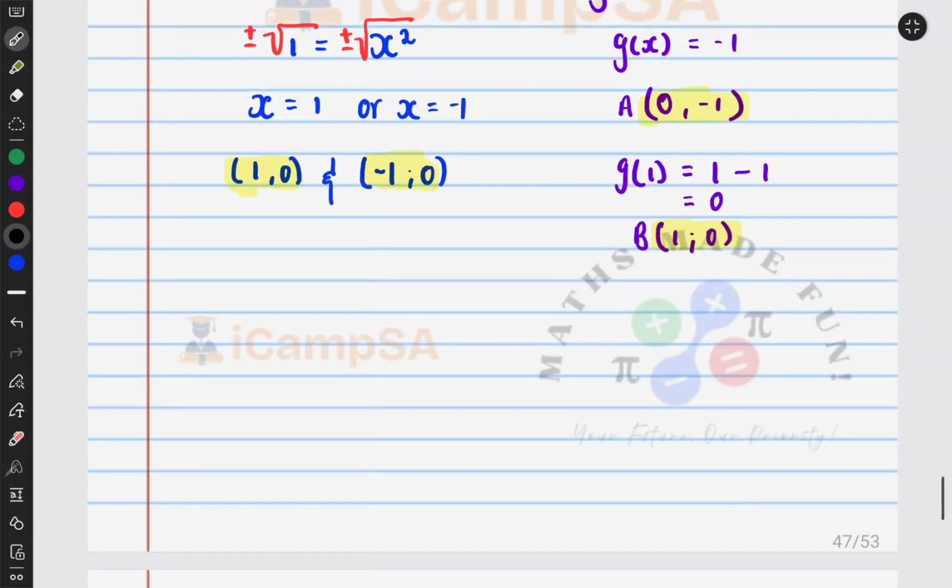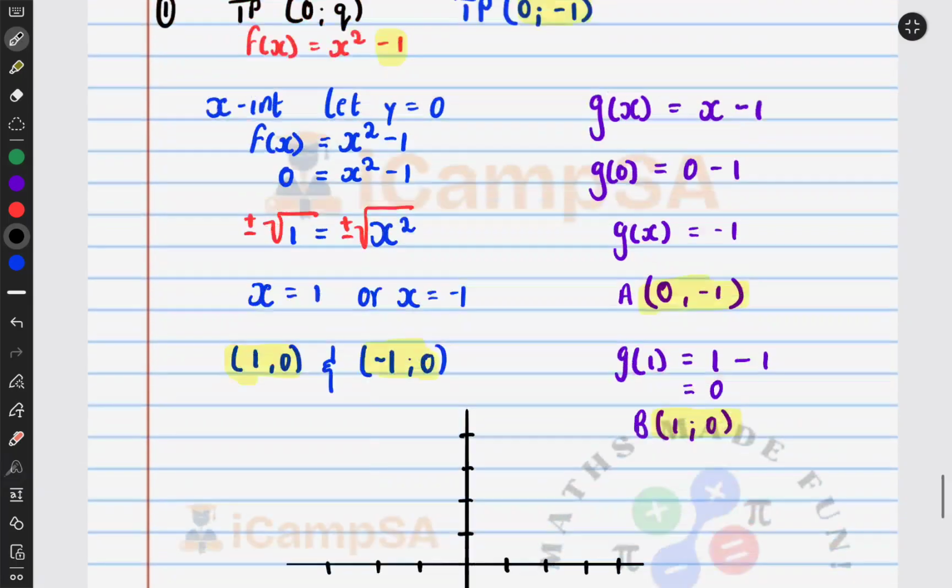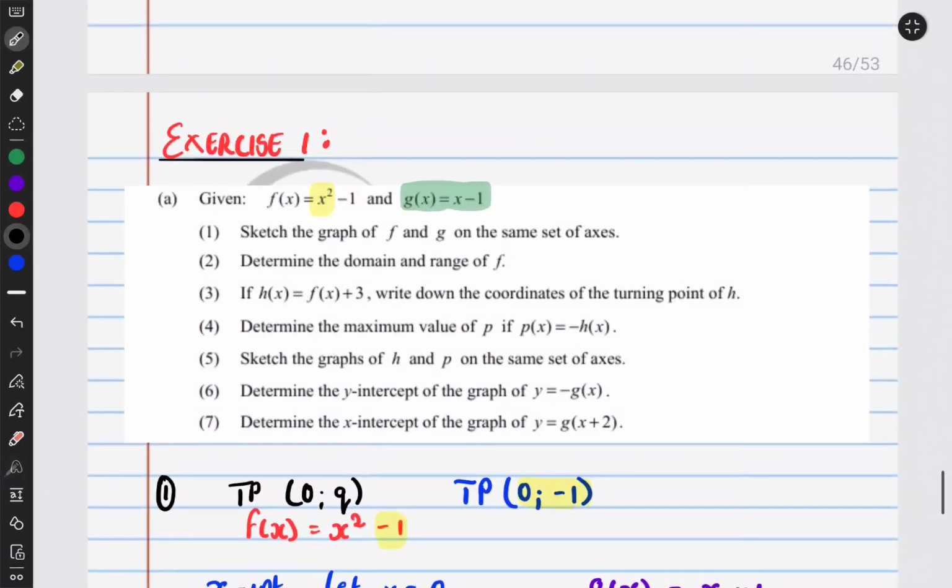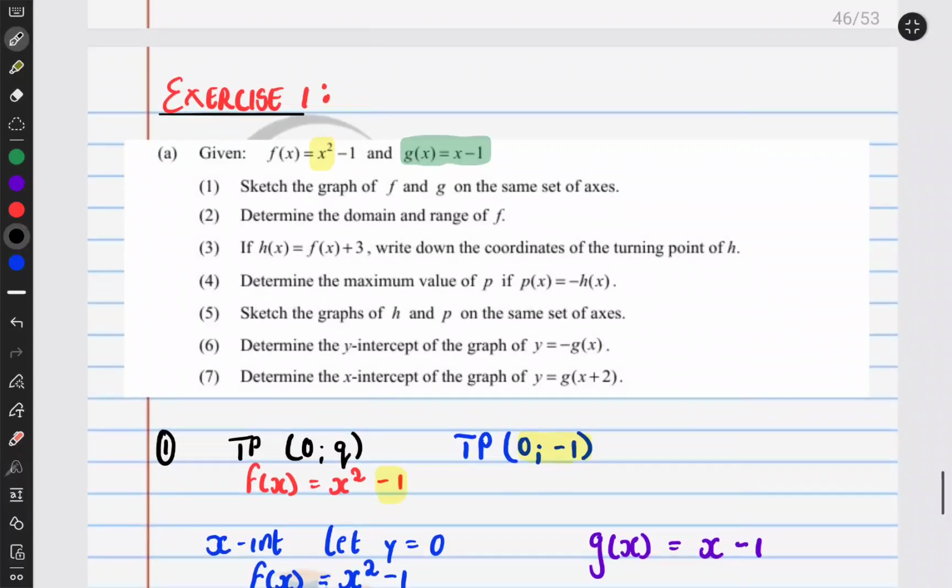Let's go ahead and sketch our functions. So calibrate the x and y axes. Another thing, remember that the coefficient of x² for the parabola, which is a, also tells us the direction of the opening.